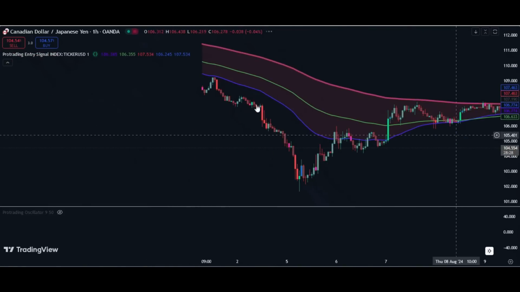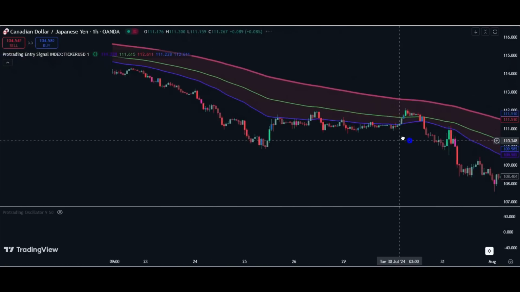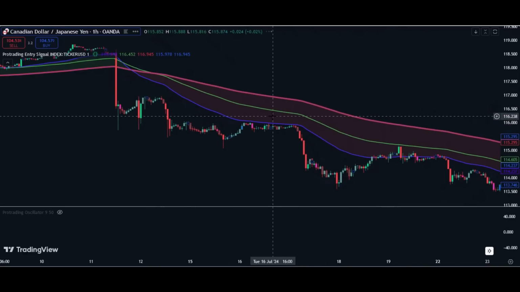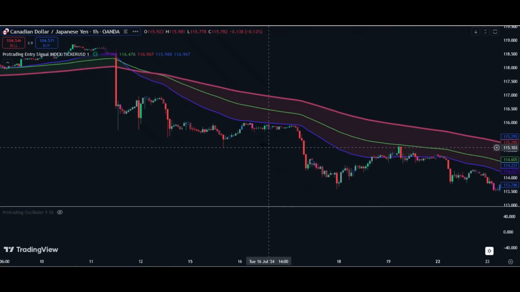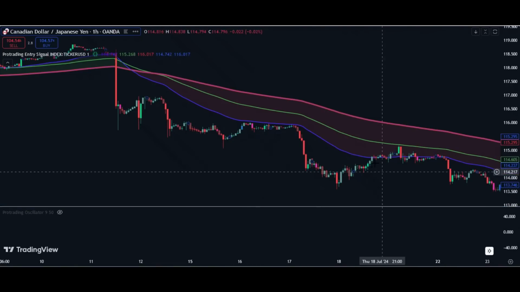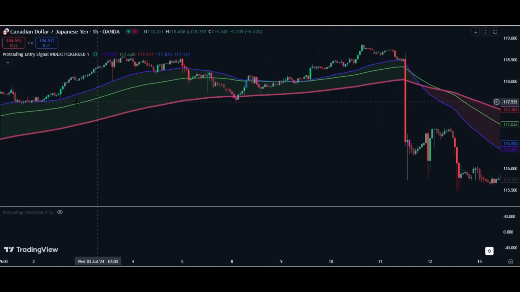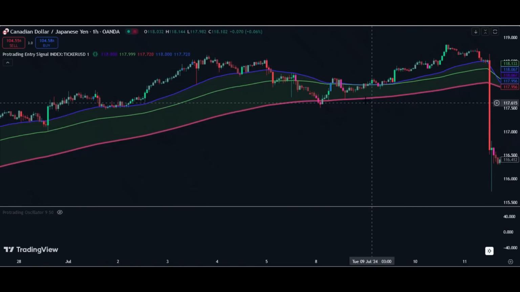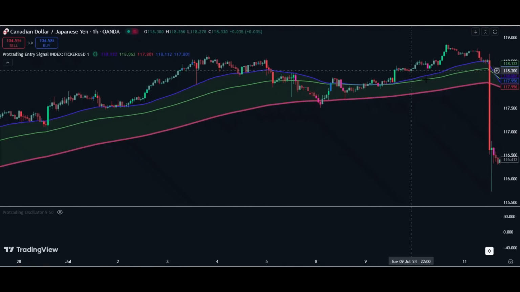So from what you can see, when we have this indicator on the charts, you'll clearly be able to know that the price is below the indicator, indicating that we are currently in a downtrend. And when the price is trading above the indicator, this gives you a clear direction that you are currently in an uptrend.